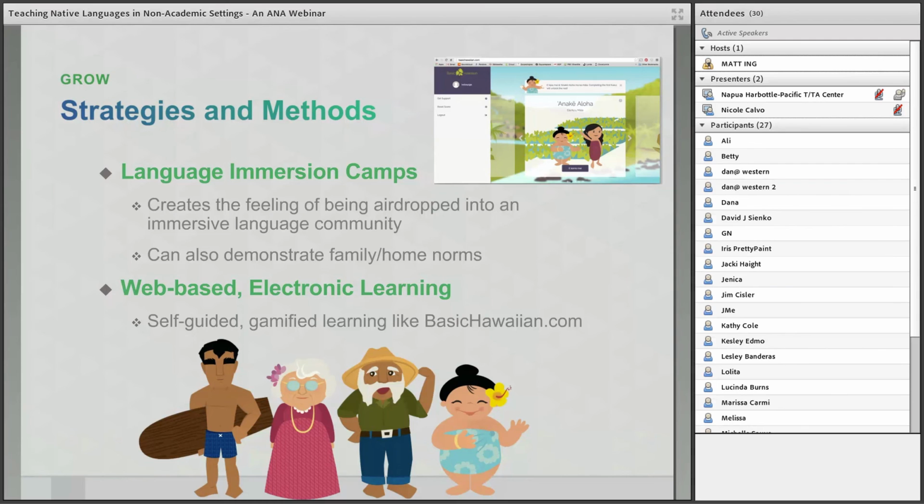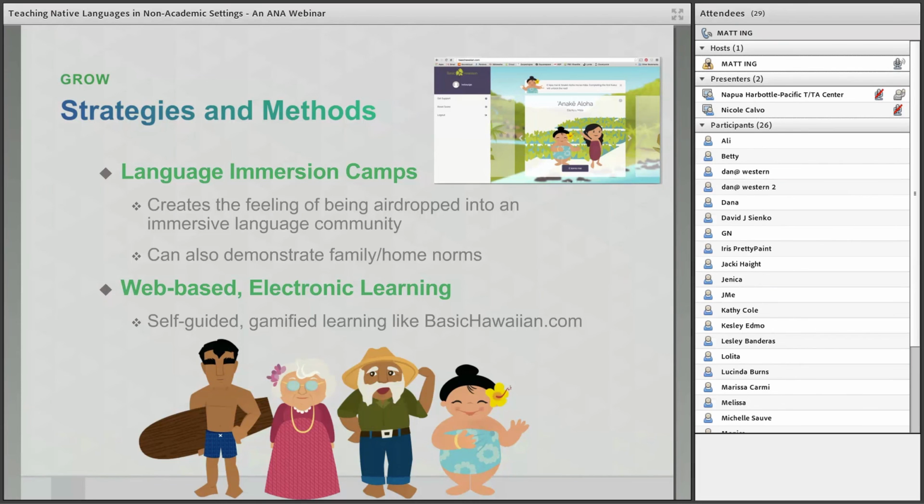This also is really good because oftentimes these language immersion camps are not just regulated to kids, they're regulated to the entire family. And so with that, the entire family is learning from the grandparent all the way to the child. They all participate in the same way. And maybe the grandparents can speak real well in the native language, but they don't often get the opportunity to speak.